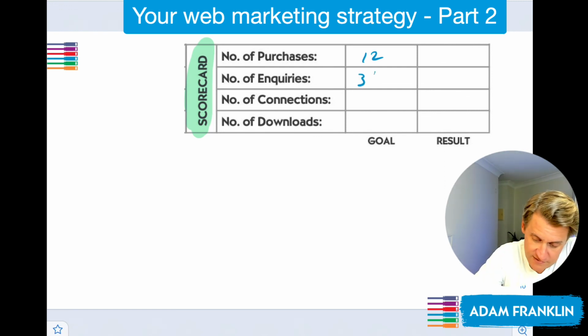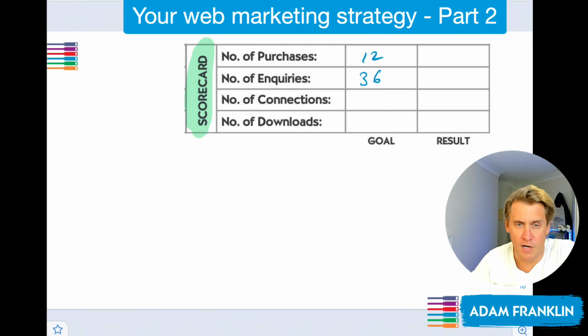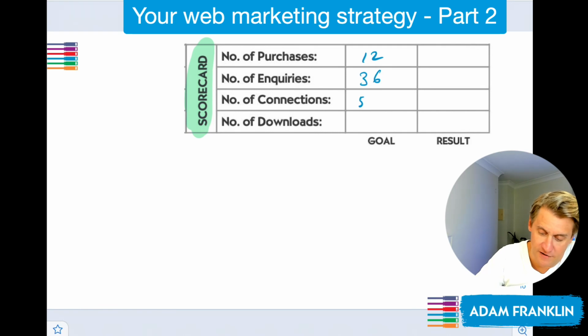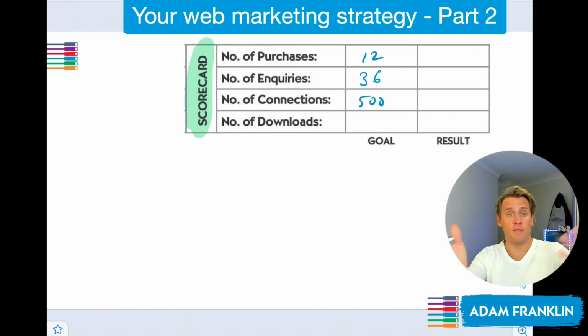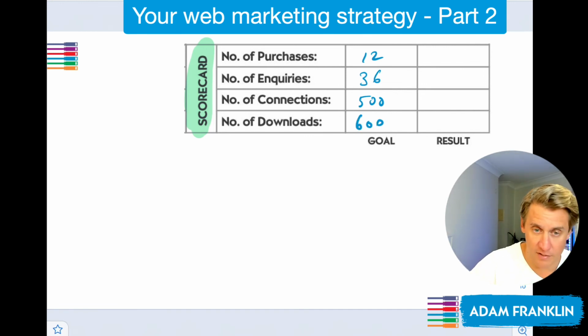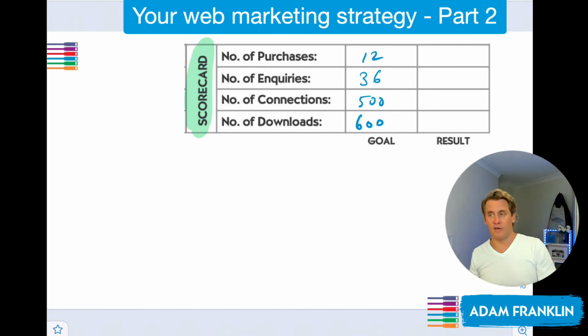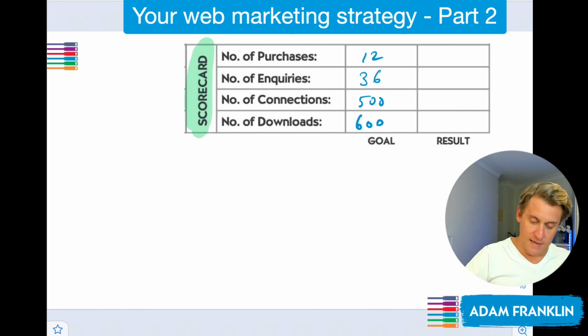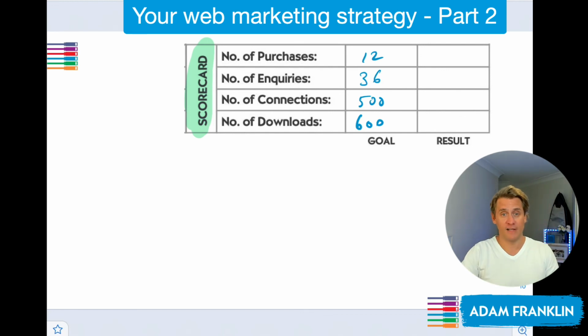So we know that we need 36 inquiries, which might mean that we ideally would like to have, say, 500 connections in a Facebook group or an email list. So that might mean that we need 600 people to download our flagship content, because some of them are going to take the resource and unsubscribe or whatever else. And there you have a very clear idea of the sort of numbers that you need and the success metrics.